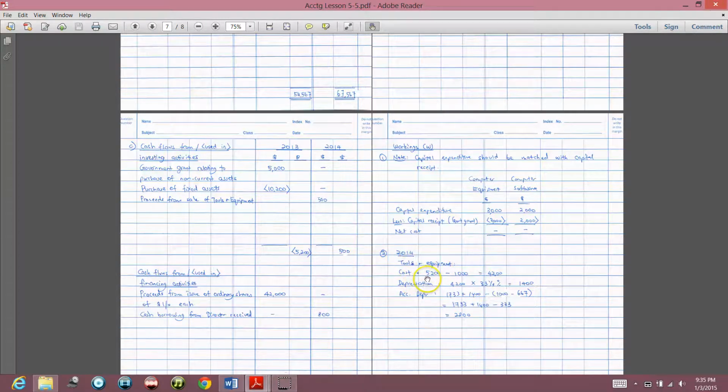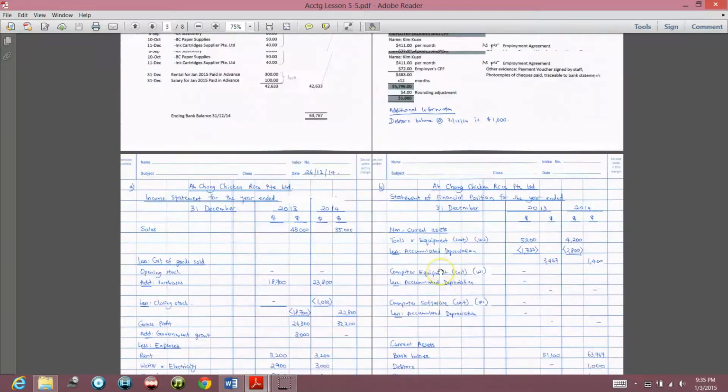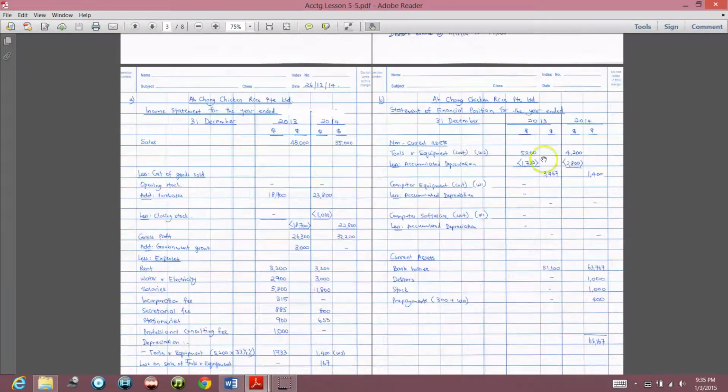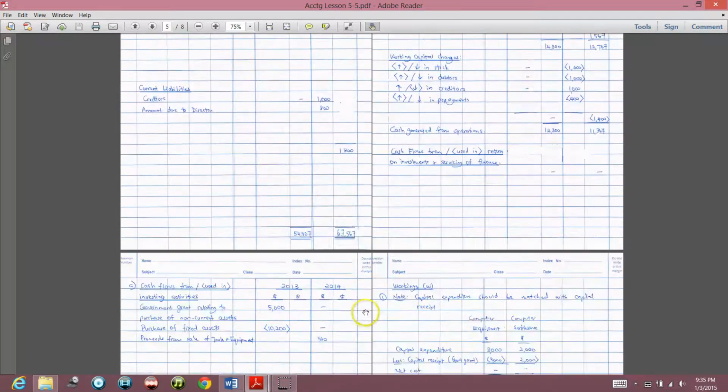So the cost of the tools and equipment sold is 1,000. That means in my balance sheet, the cost will be reduced by 1,000, to 4,002. So the cost of the tools and equipment will be 4,002.